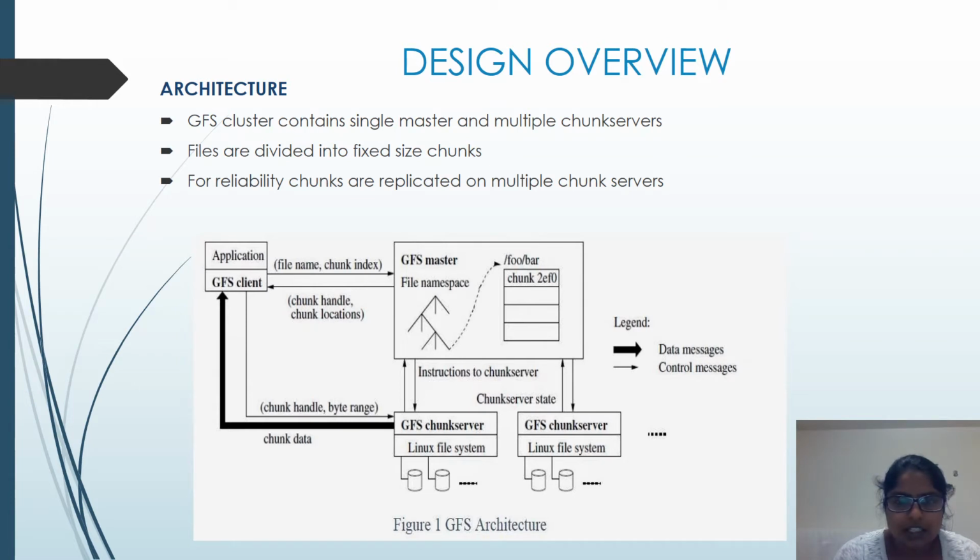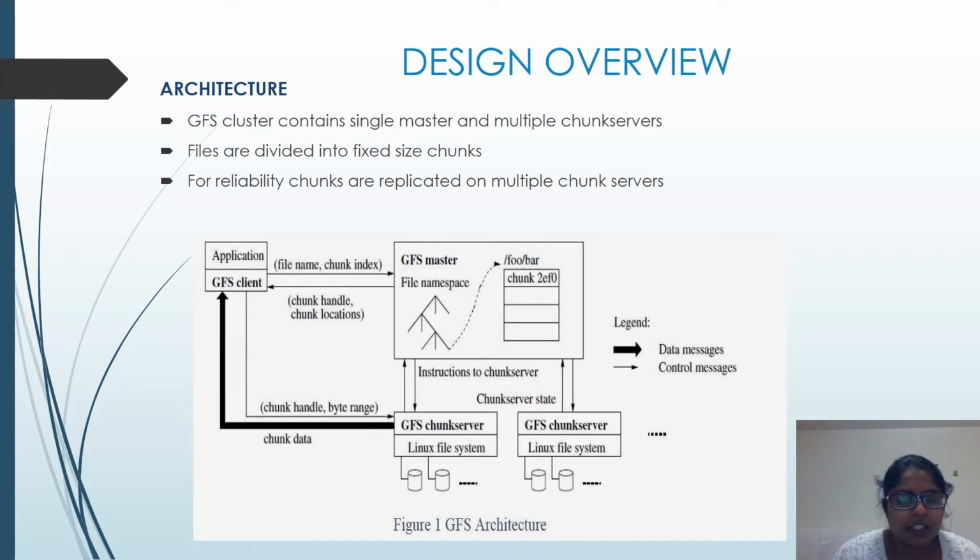Each chunk is identified by a 64-bit chunk handle assigned by the master at the time of chunk creation. For reliability, chunks are replicated on multiple chunk servers. We store three replicas on the chunk servers. Whenever a machine is in failure, we can use the replicas at that time.